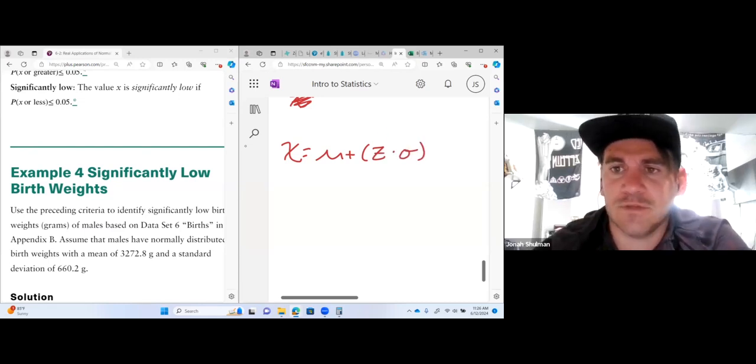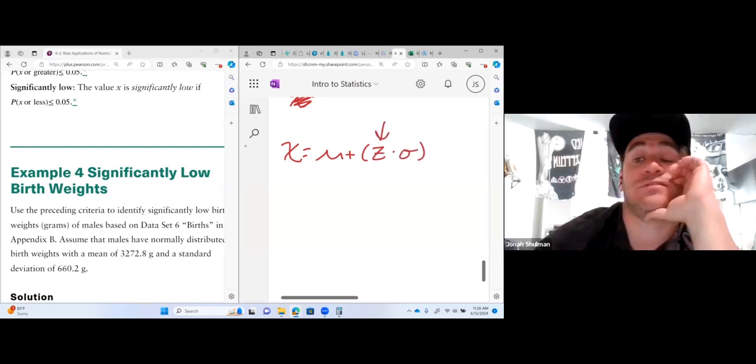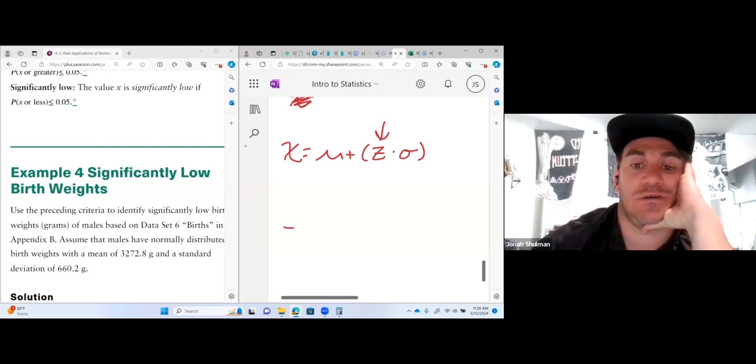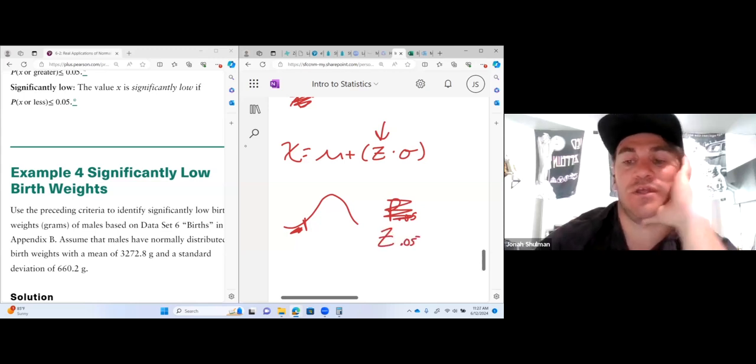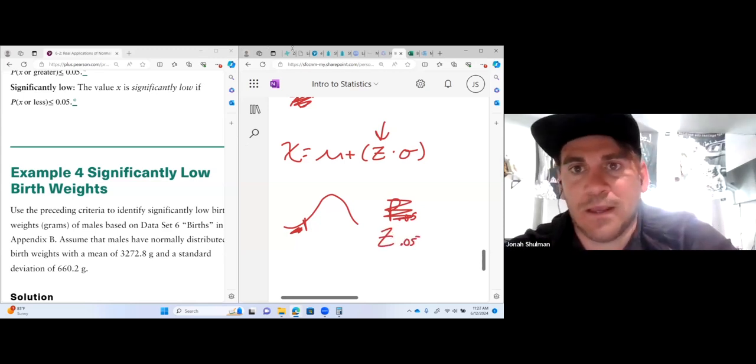Now, we don't have the Z. The first thing we have to do is get that Z. How can we get that Z? Well, if we want something really low, less than 0.05, we want the percentile of 0.05, or you can think about it as we want the Z-score at 0.05.